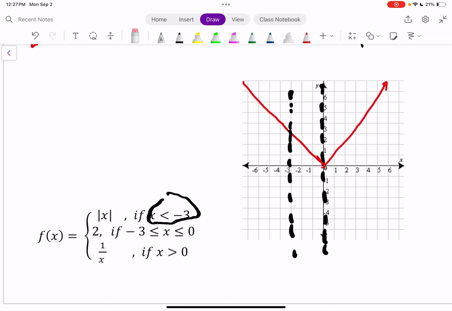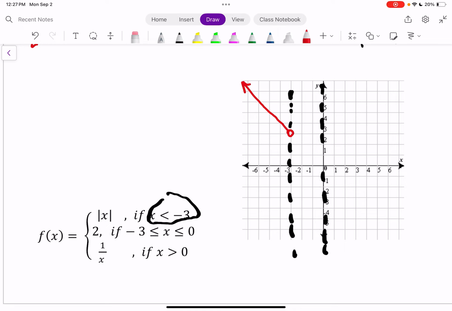The rest of it has to be deleted. All right. So only up to here. I'm grabbing the absolute value function only up to -3.